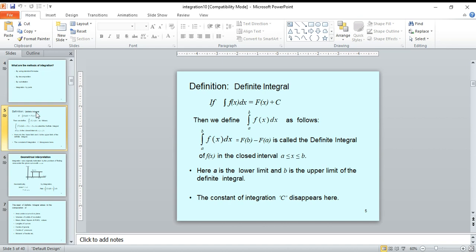The constant of integration C disappears here. In integration there is always one constant C, but in the definite integral, the constant C disappears.